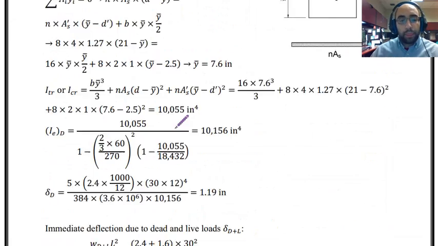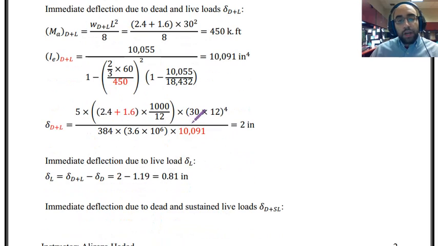4 years. So now I have to find the instantaneous or immediate deflection because of sustained load, which was only 30% of the live load. For that, I have to first include that additional load into the dead load. Then I have to find the deflection because of that.